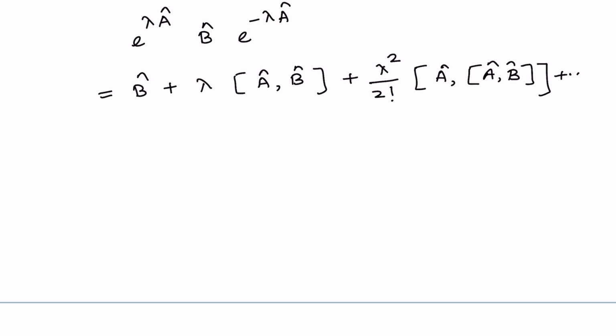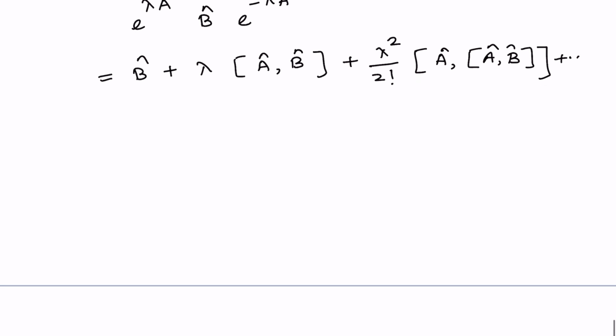First let me find this quantity, e to the power i omega_L a† a t, that's the unitary u dagger, and I have the operator a, then e to the power minus i omega_L a† a t.